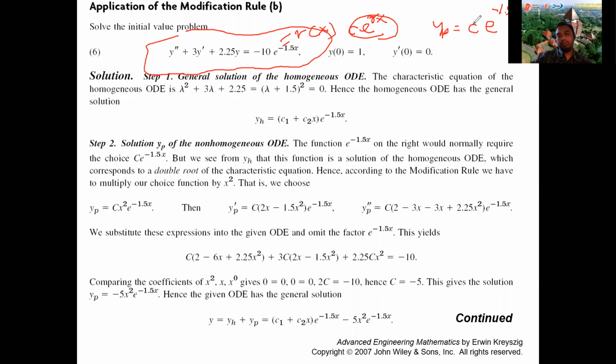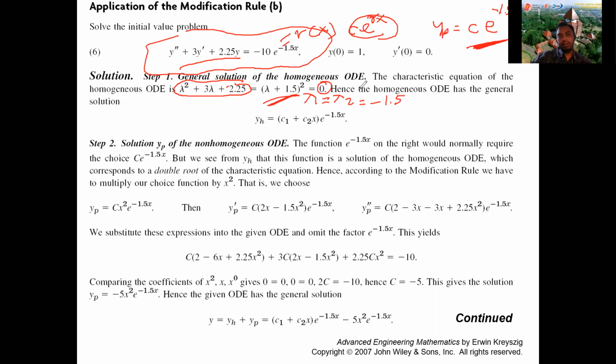But we also have a second rule that mentions if this has been a solution from your homogeneous solution, then you should modify it. So in our example, the first step is to find the homogeneous solution. The characteristic equation is lambda squared plus 3 lambda plus 2.25 equal to 0. When you solve it, it turns out it has a double root, lambda 1 equal to lambda 2 equal to negative 1.5.